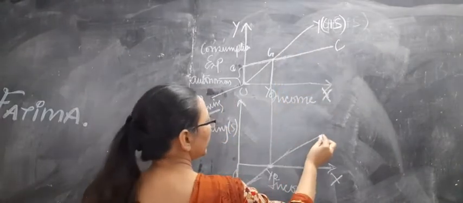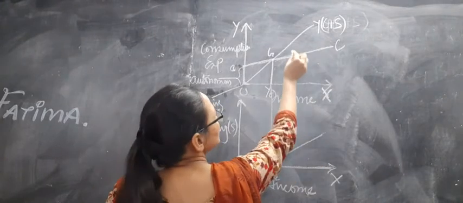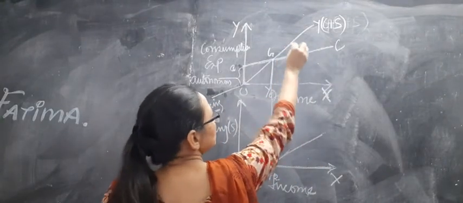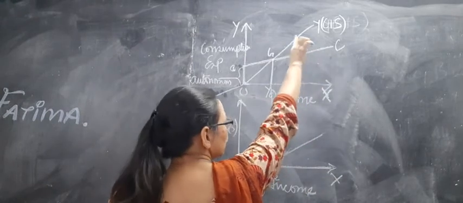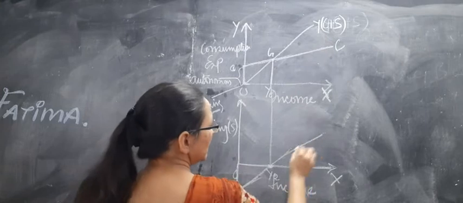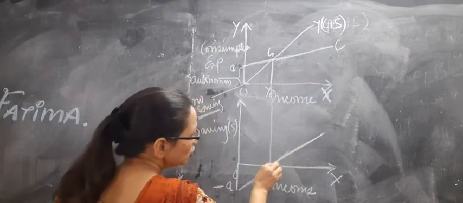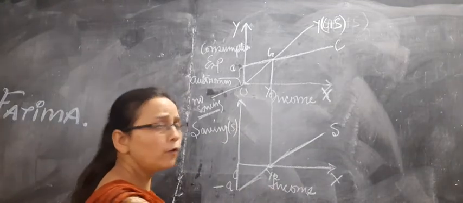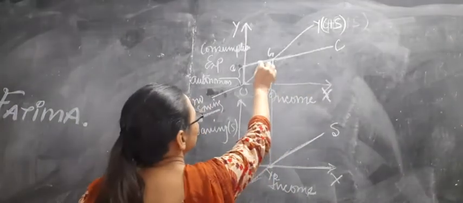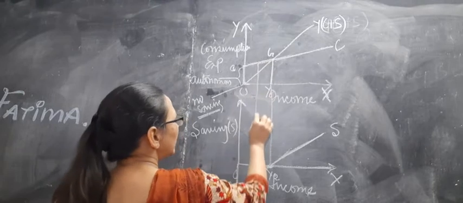Now what is happening over here? Income is greater than consumption. That means consumption is less and income is more, so whatever income is left is saved by the consumer. So saving is positive over here. I hope this is clear. Now we can connect all these three panels like this.